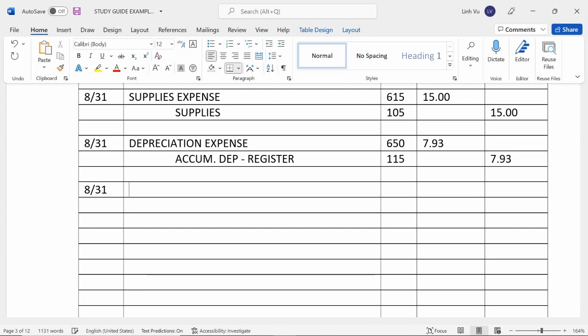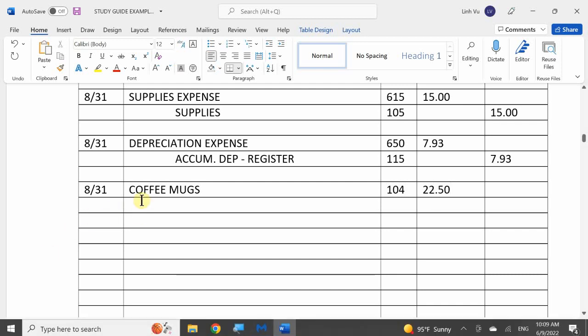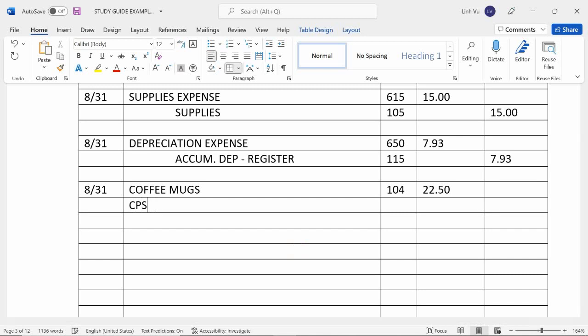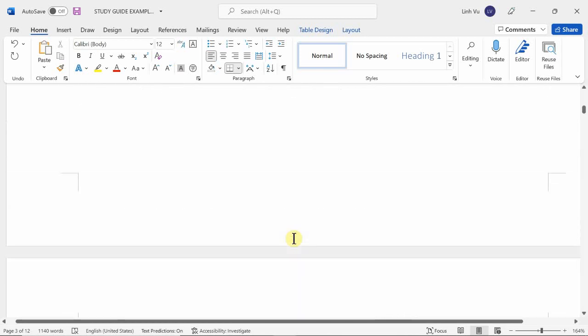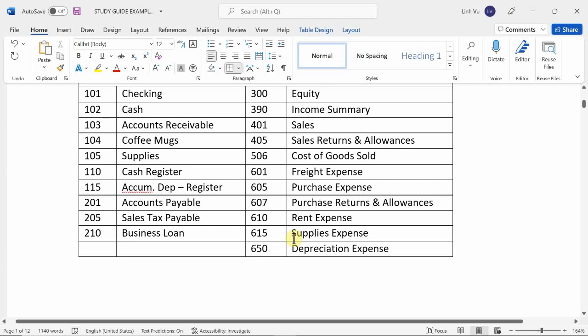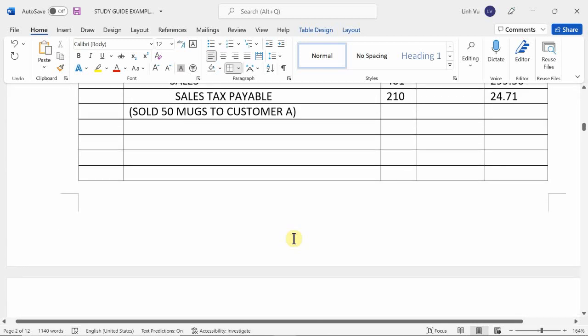It is 8/31, right? We got some coffee mugs for $22.50. We have cost of goods sold for $102.50. I forgot the account already. Let's see. Cost of goods sold is account number 506.